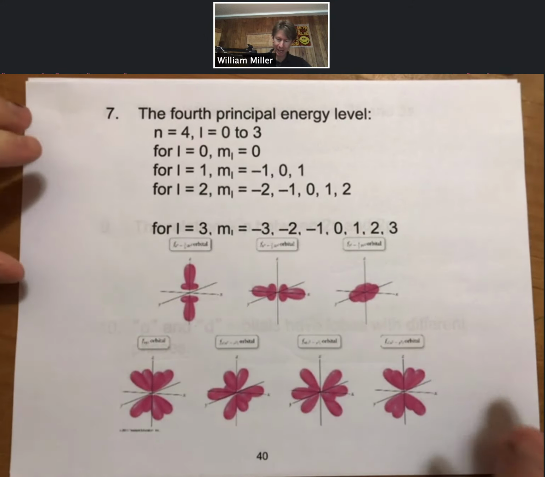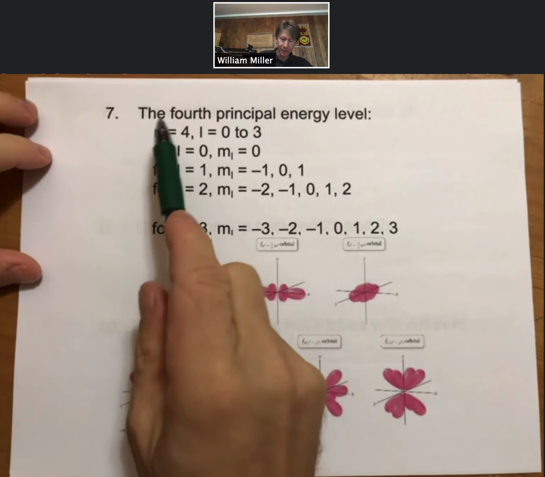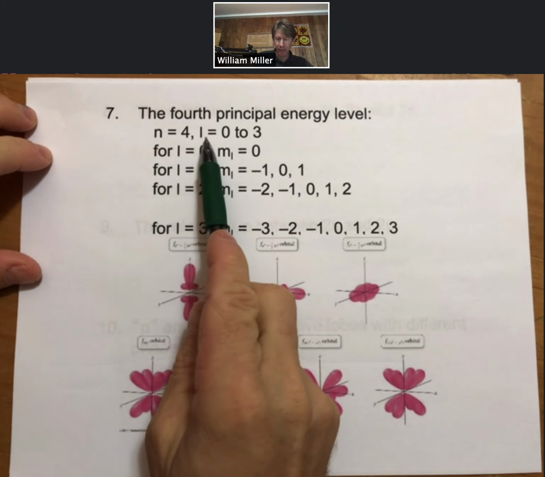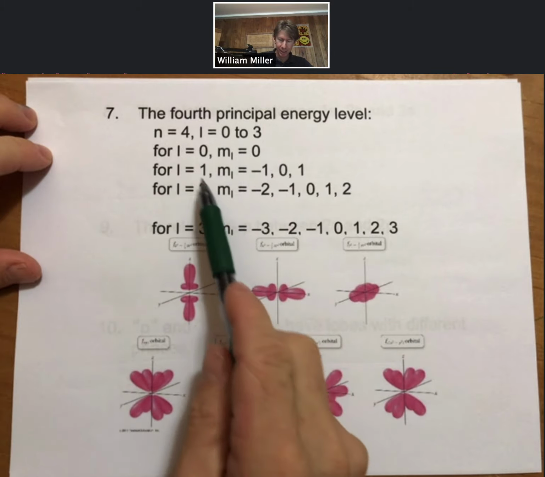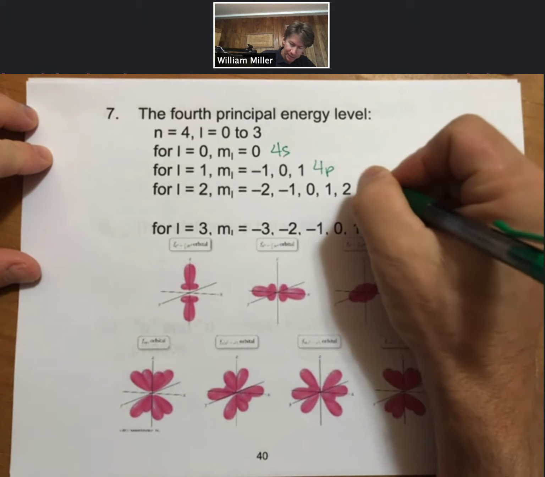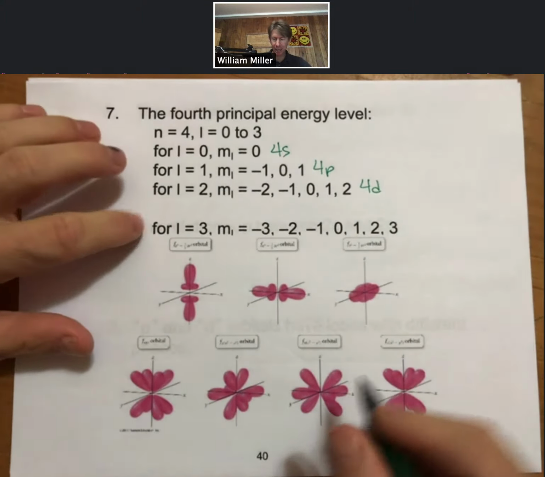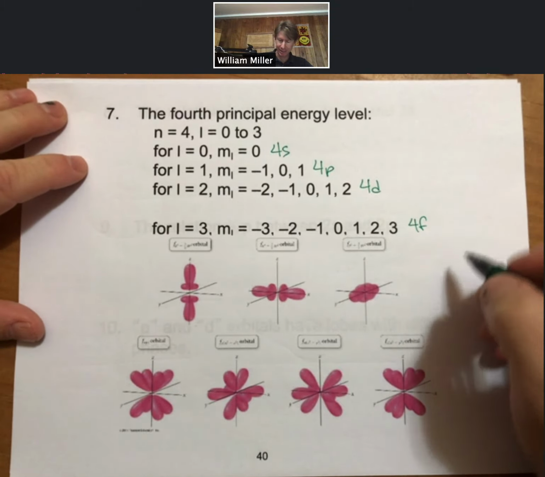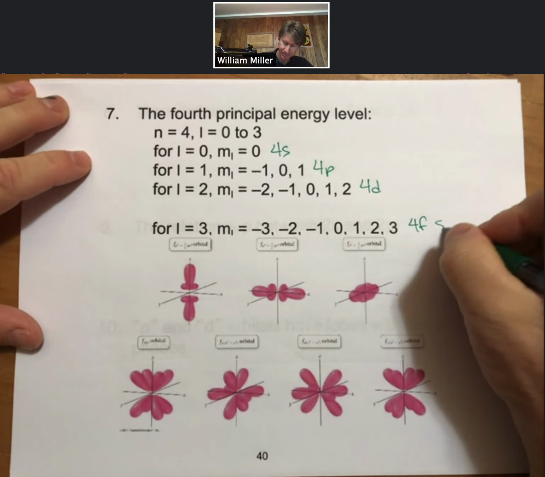Well, this will be our last page for this video. The fourth principal energy level has n equals 4, L equals 0 to 3. We have 4s, 4p, 4d, and now 4f. And the 4f sublevel has 7 orbitals.